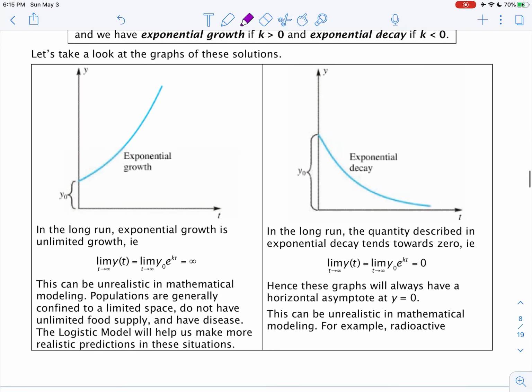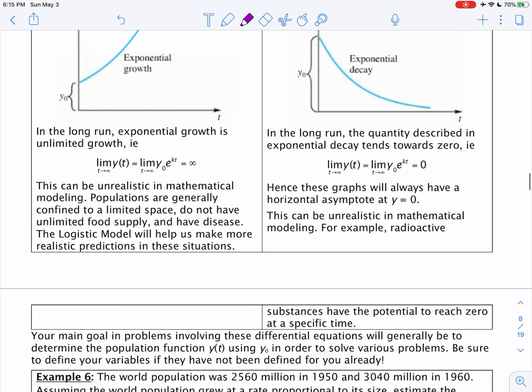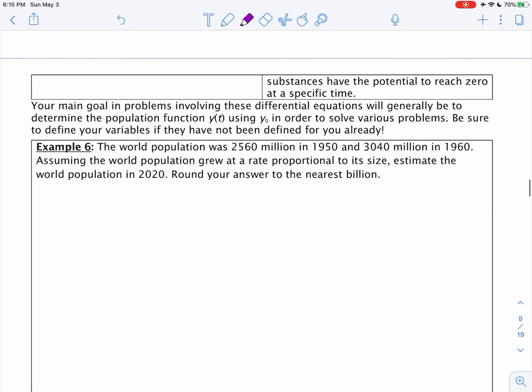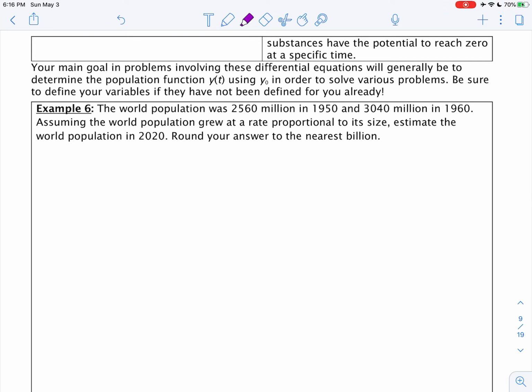All right. So it shows our exponential models of growth and decay. And I'm going to stop here and go on to more separable differential equations. I just wanted to derive that classic exponential growth and decay model.